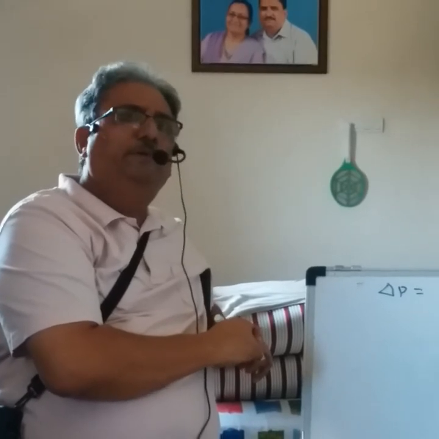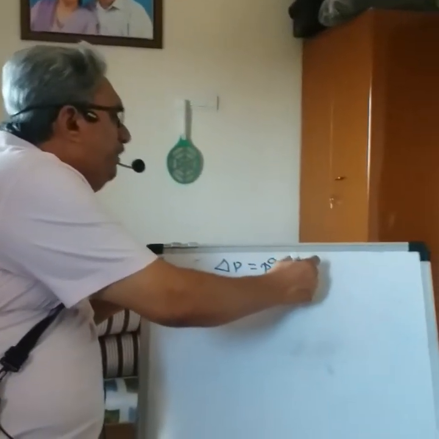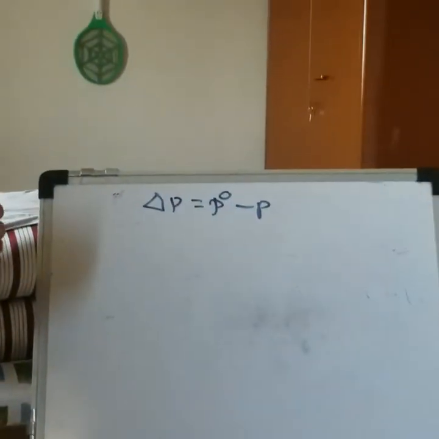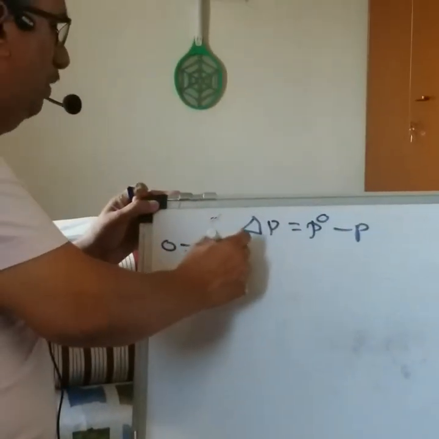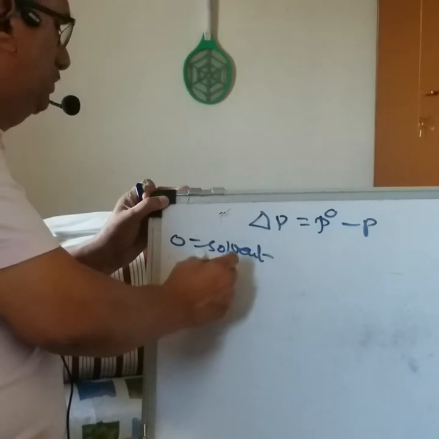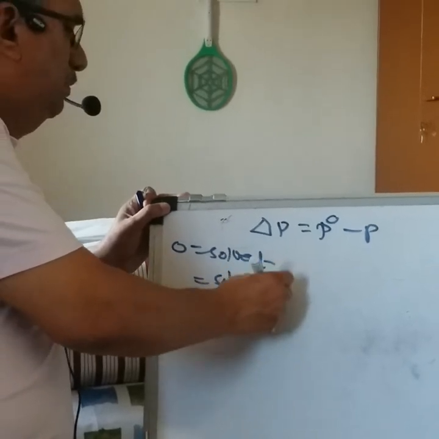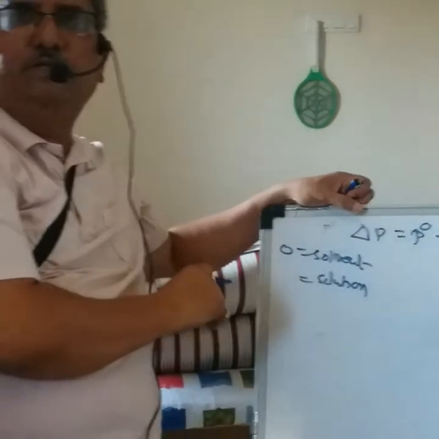So when you have prepared the solution, vapor pressure decreases. So the delta P value will be P0 minus P. The 0 symbol we use for the solvent, and without 0 it is the solution. P stands for vapor pressure.